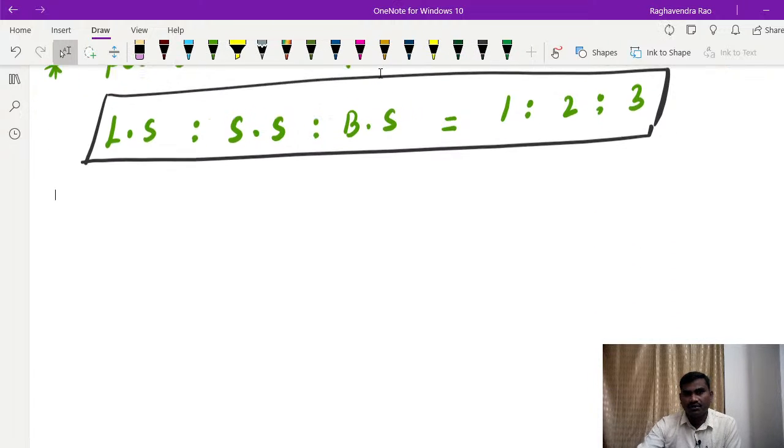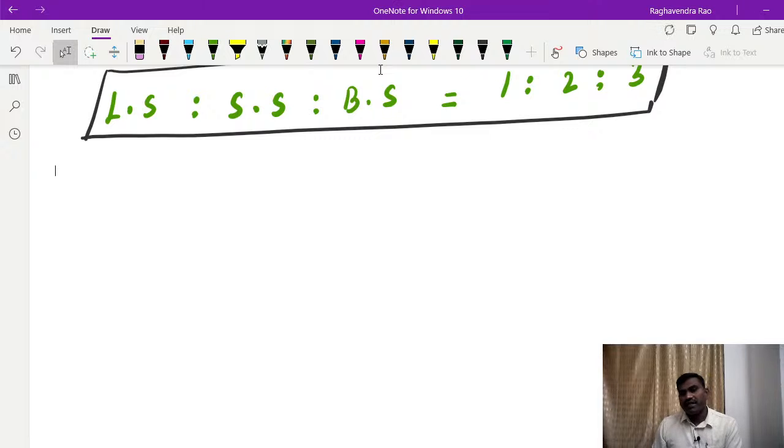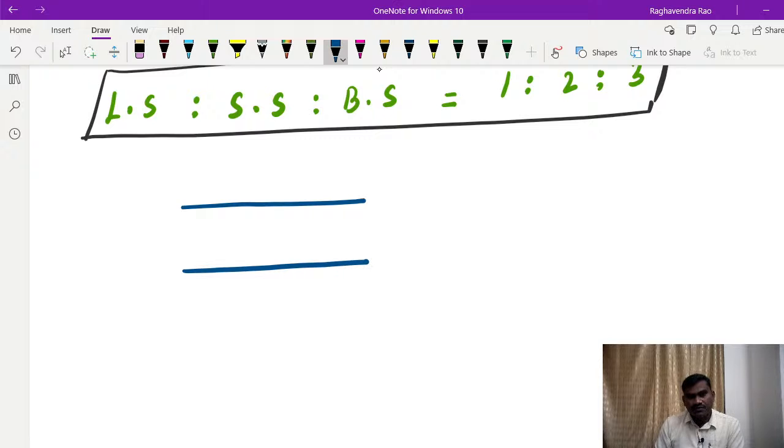Now here, how are we applying normal stress? To understand normal and shear stress, for example, we take a wire with a circular cross section. This is the area of cross section.